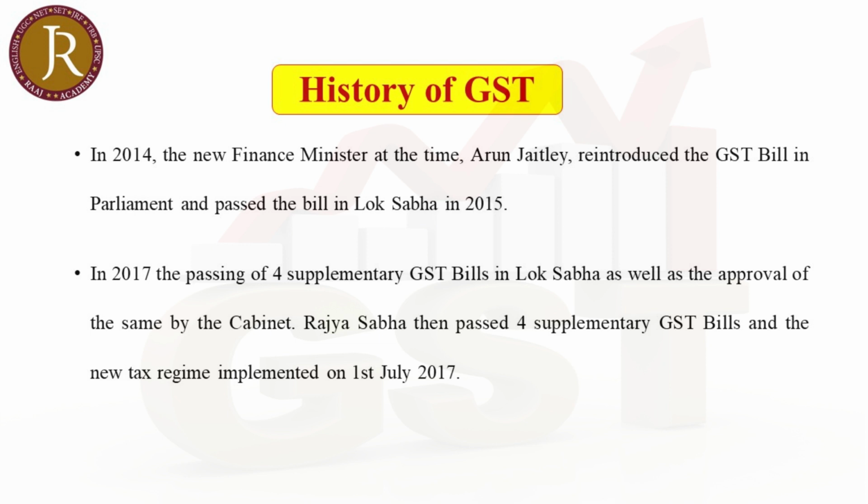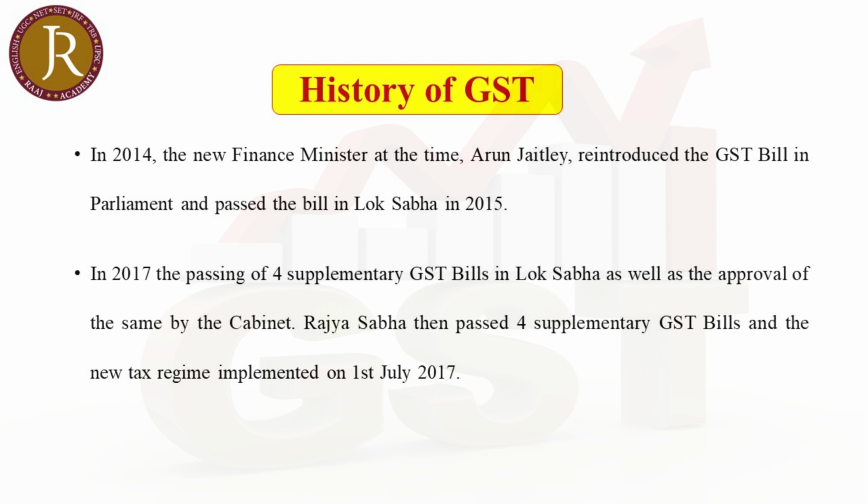However, because the law did not receive approval from the Rajya Sabha, its implementation was postponed. The GST was implemented in 2016 and a revised model of the GST bill was approved by both houses of Congress. In addition, the assent was given by the President of India.